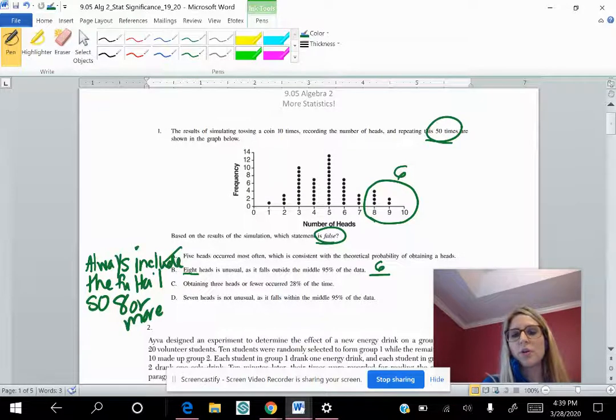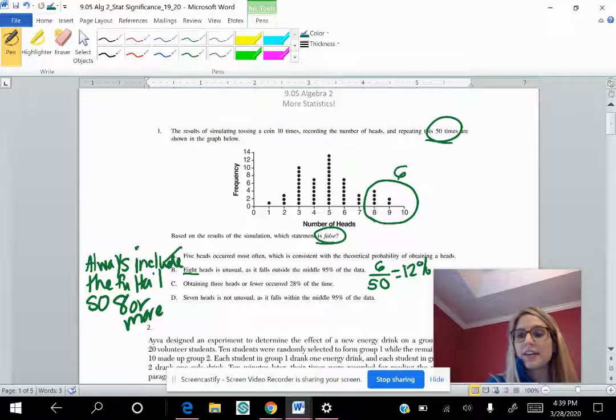So 6 out of 50. Do that in your calculator: 6 divided by 50, multiplied by 100 gives us 12%. So 12% of the time, we got 8 heads or more.